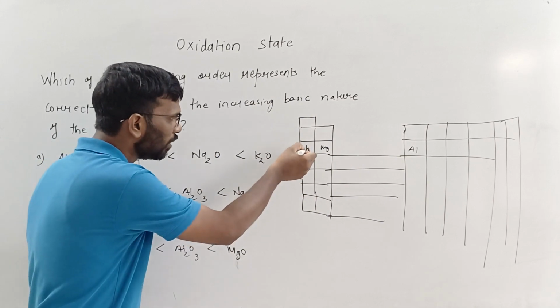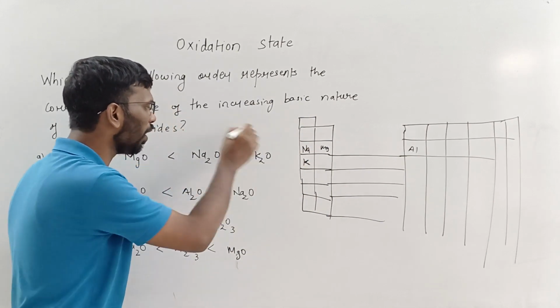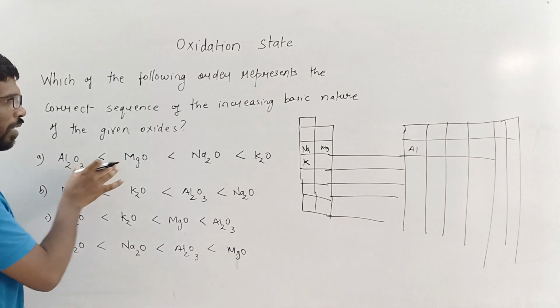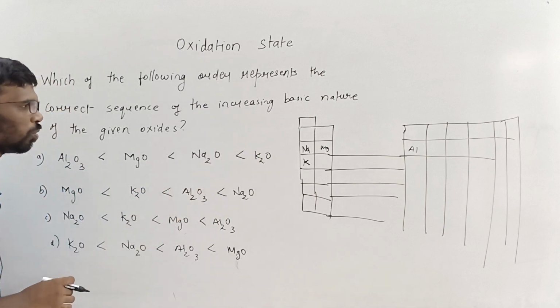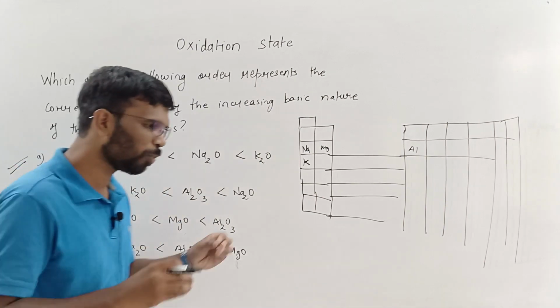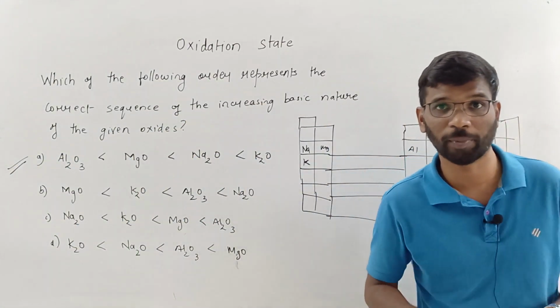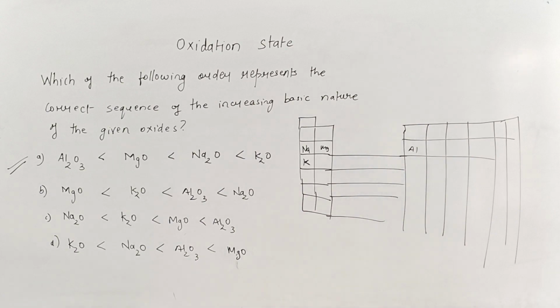This is sodium, so below it is potassium, which will have the maximum. So it is aluminum, then magnesium, then sodium, and then down the group potassium. So option A is the correct order. That's why you should know the position of all the elements in the periodic table. That is very important.